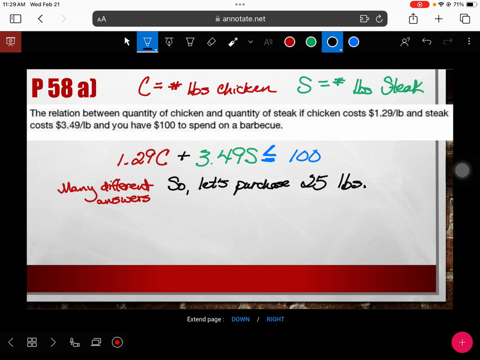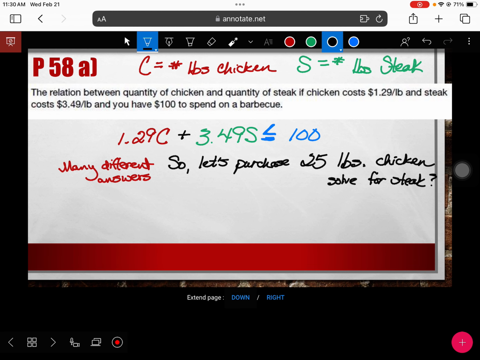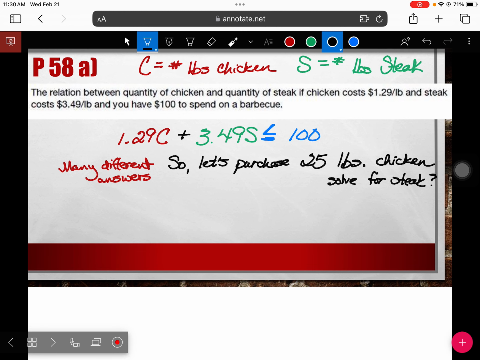If I purchase 25 pounds of chicken, can you solve for the amount of steak? Just say yes, it's quicker. Yes. Can you do that on your own right now? Just say yes and try it.